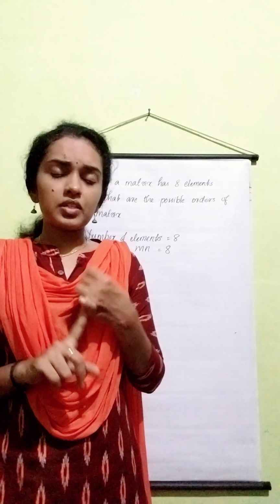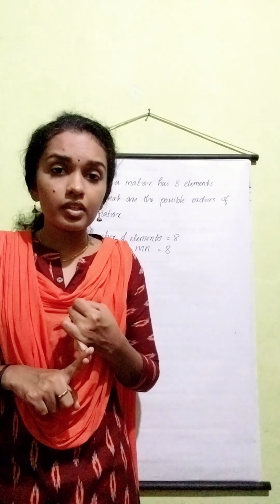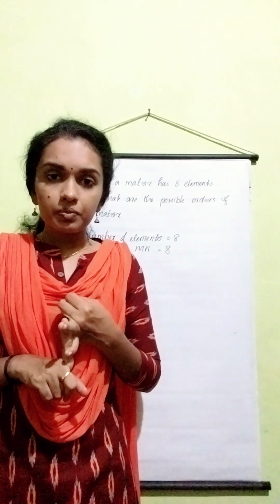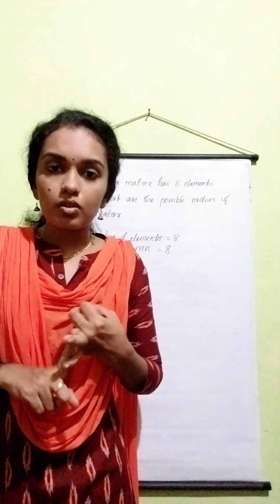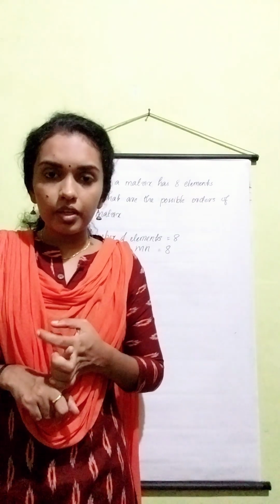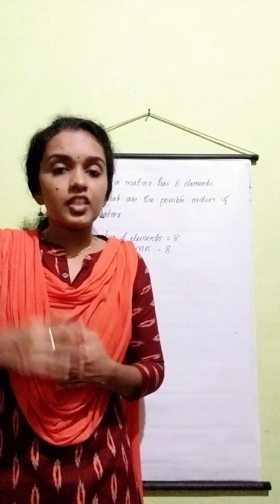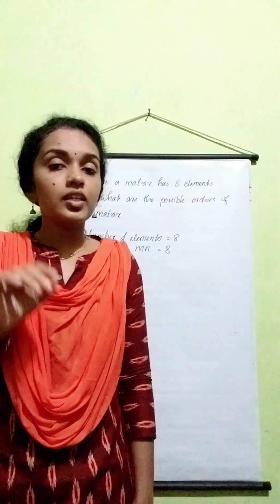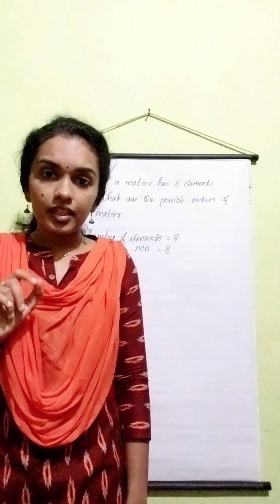Then what are the features of the matrix? It has rows, it has columns, then each of these entries is called elements or entries. Okay. Then we learned what is an order of a matrix.